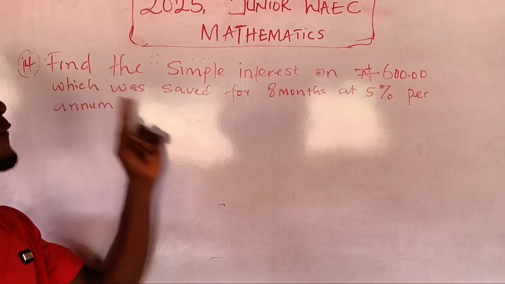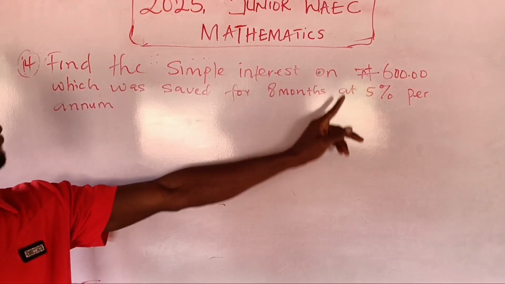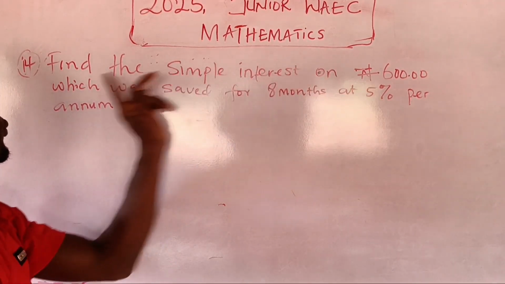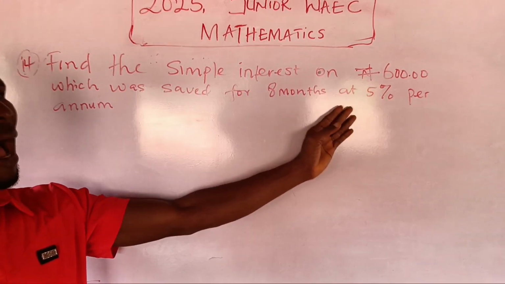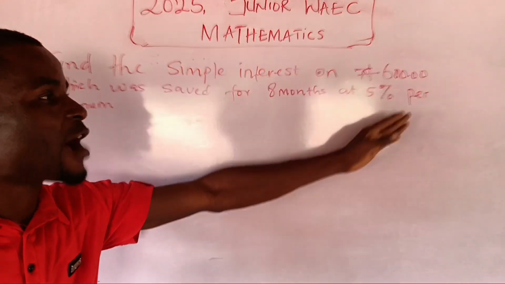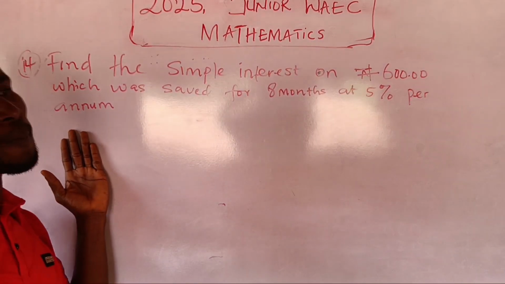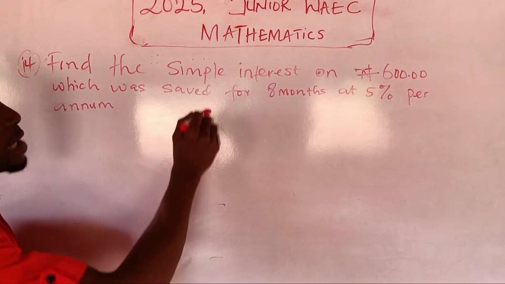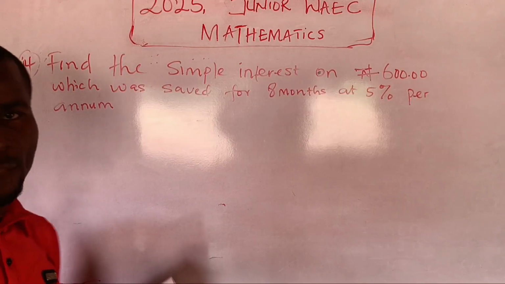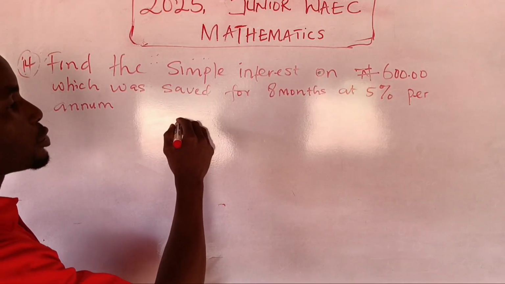It says find the simple interest on 600 naira which was saved for 8 months at 5 percent per annum. So to solve this kind of question, there is a formula, and the formula is what?